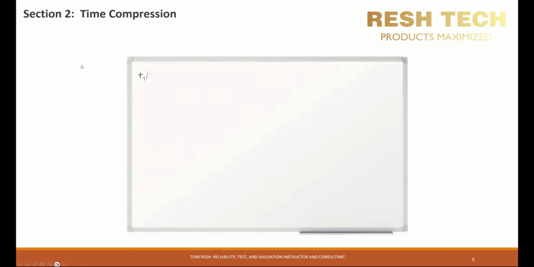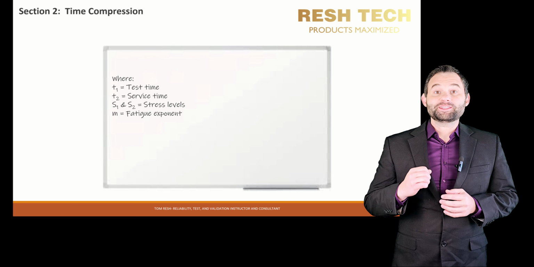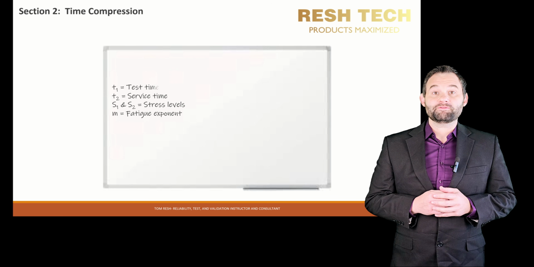The formula is T1 over T2 equals S2 over S1 to the m power, where T1 equals test time, T2 equals service time, and S1 and S2 are the stress levels, with the exponent being m, the fatigue exponent. For random vibration testing, we typically use an m value or fatigue exponent of 7.5.